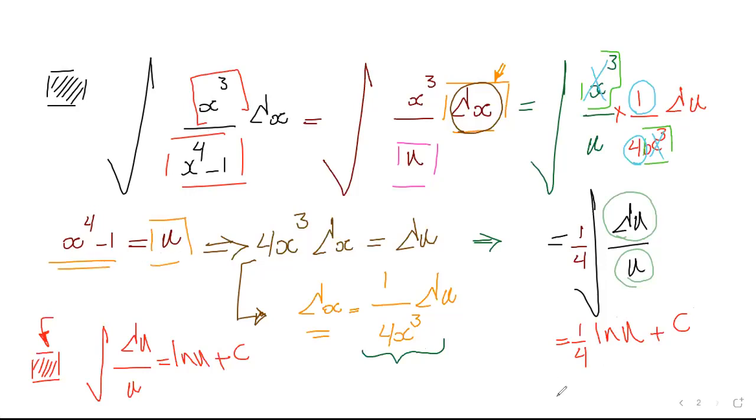Then I'm going to bring it back here and write 1 over 4 ln of x⁴ minus 1 plus c, and we are done. You see how that Bible is going to be useful? If you do not have it, you're stuck there. du over u. Oh, you can spend days and days.